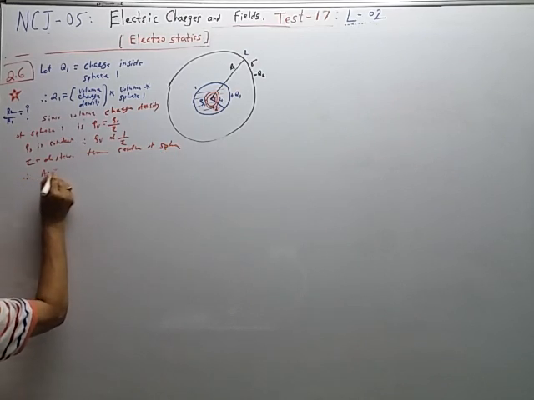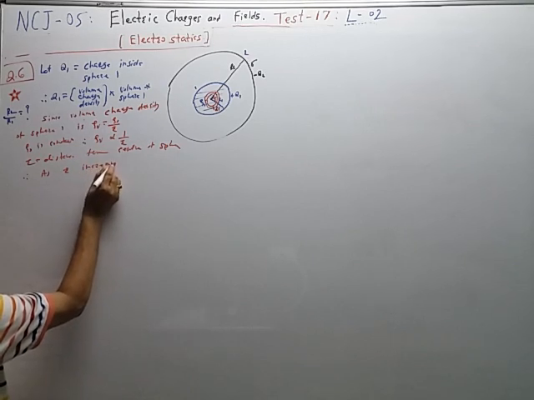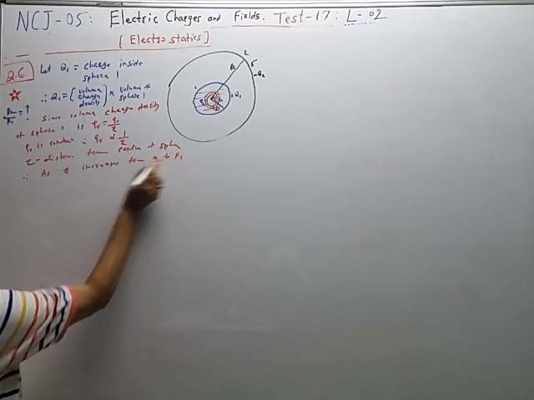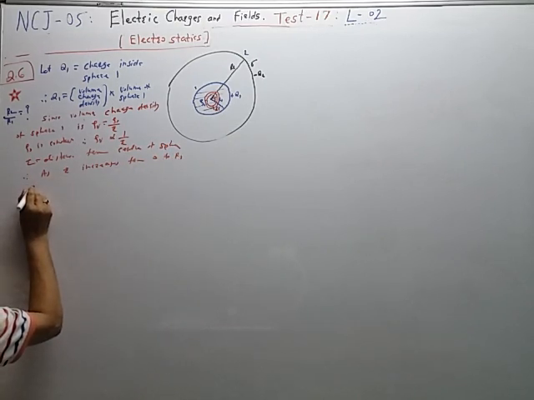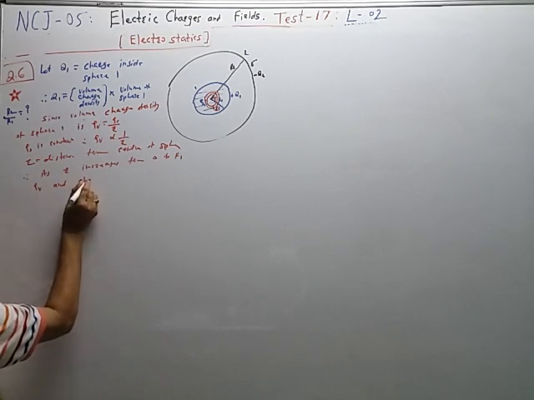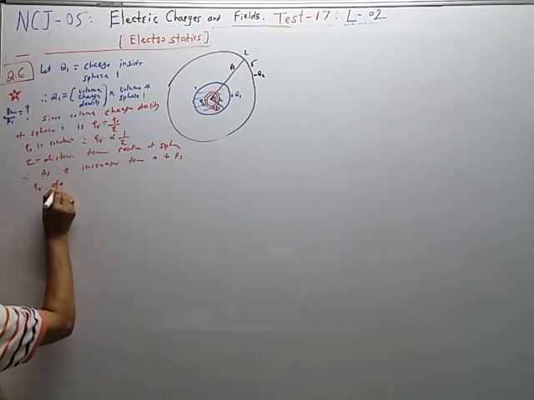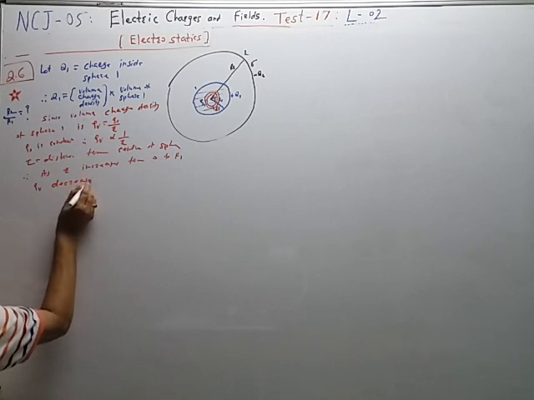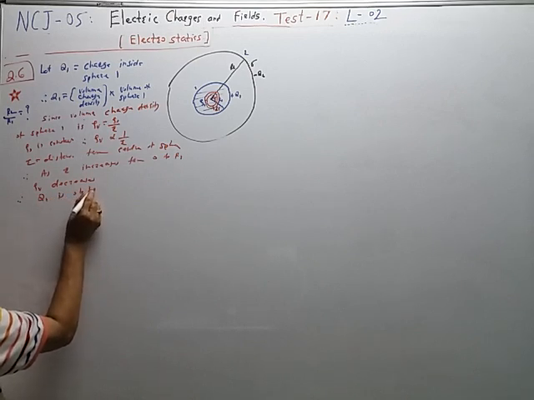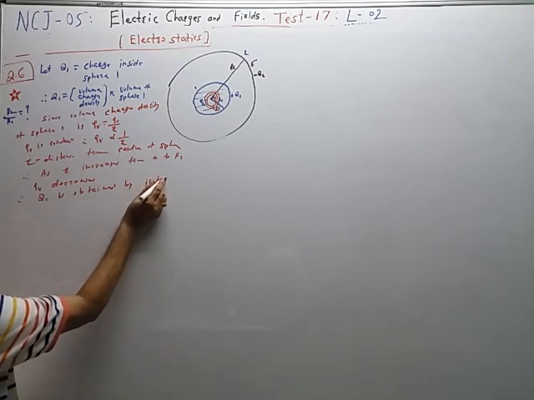Therefore, as R increases from 0 to R1, rho v decreases inversely proportionally. Therefore, Q1 is obtained by integration method.